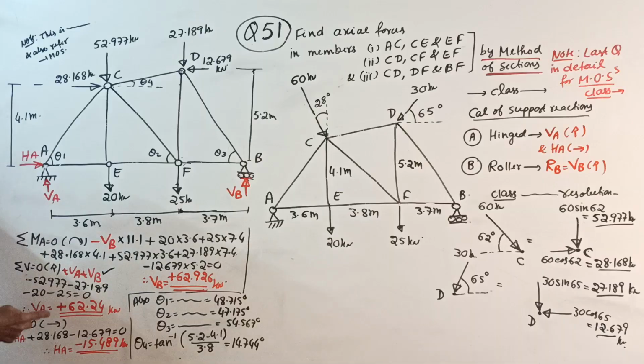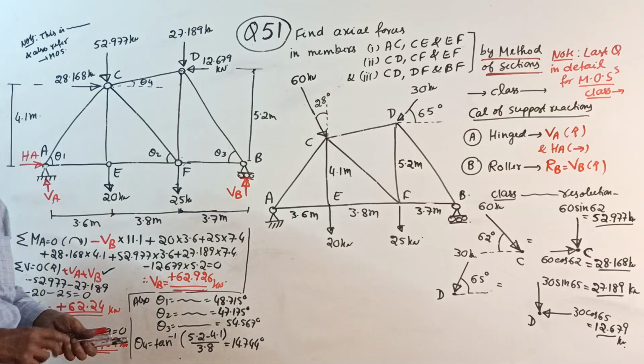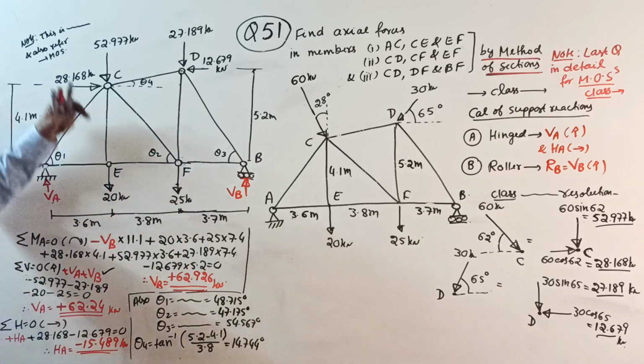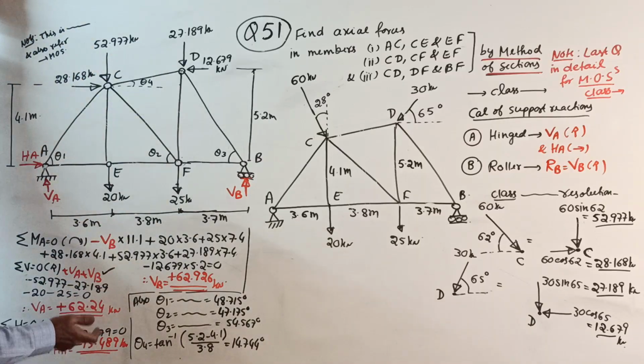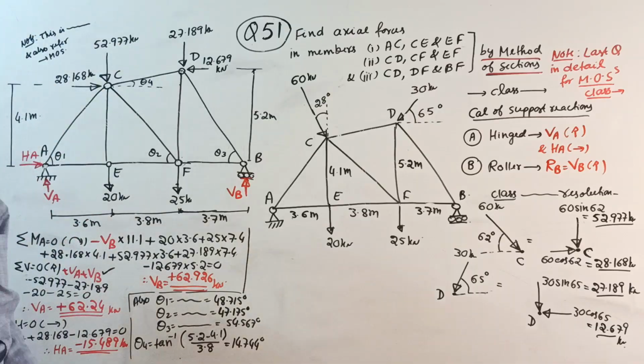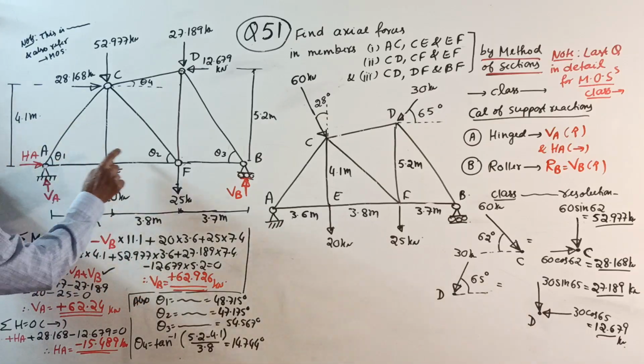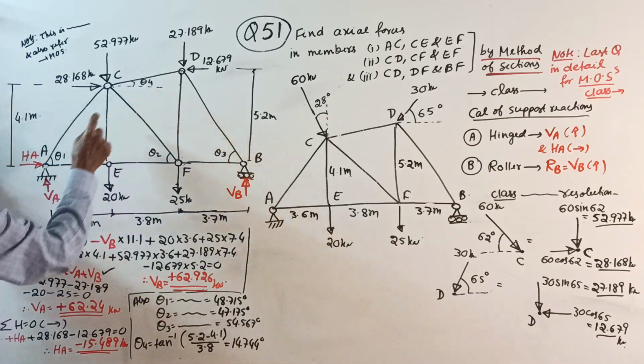Sigma V equals 0, sigma H equals 0. If I explain, some will tell, sir, this is beyond the limit. Now if I explain sigma V, sigma H, there is no point in explaining. Solve this one. Okay, now make a note. Angles are required. See here. Let it be theta 1, theta 2, theta 3, theta 4. See here.